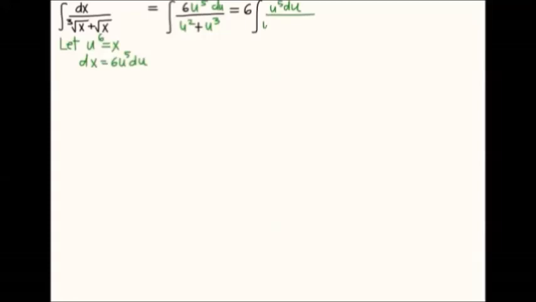Simplifying this, we will have 6 times the integration of u to the 5th du divided by u squared times the quantity 1 plus u. We can then simplify this further to this integration.